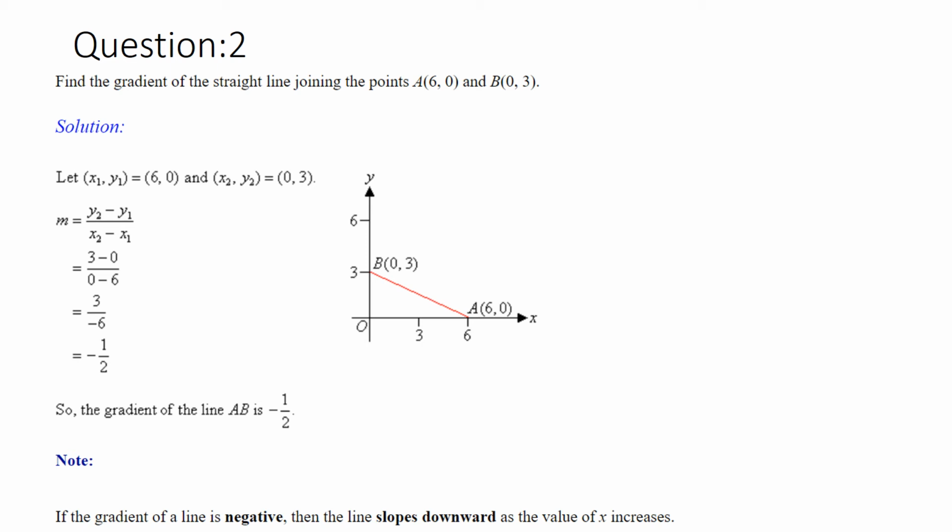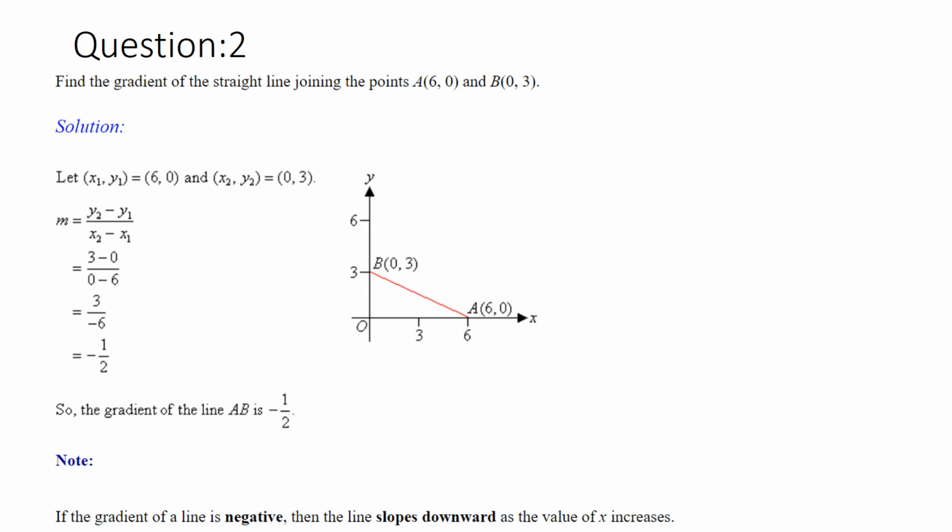That is, m will be equal to y2 minus y1 over x2 minus x1. Substituting the values, we will have y2 minus y1 will be 3 minus 0 and x2 minus x1 will be 0 minus 6. So on simplifying, we will get 3 over minus 6, that is minus 1 over 2. So the gradient of the line AB is minus 1 over 2.